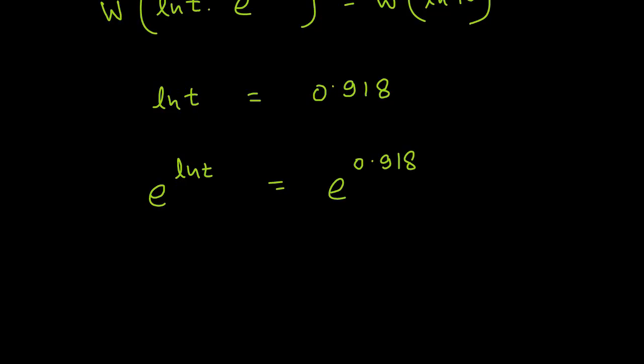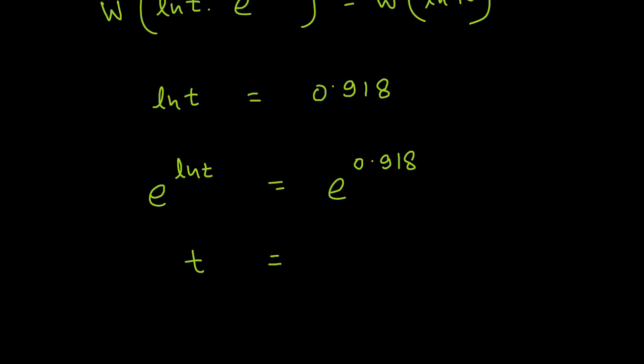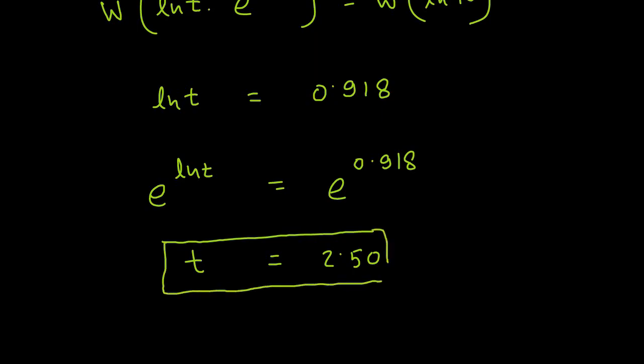We know that e and ln cancel each other and we get t equals e to the power 0.918, which is 2.50 approximately. So the value of t for this equation is 2.50. So this is the solution for the given equation.